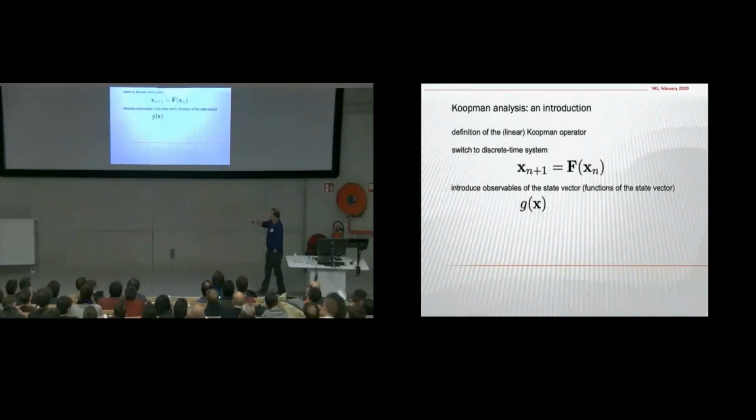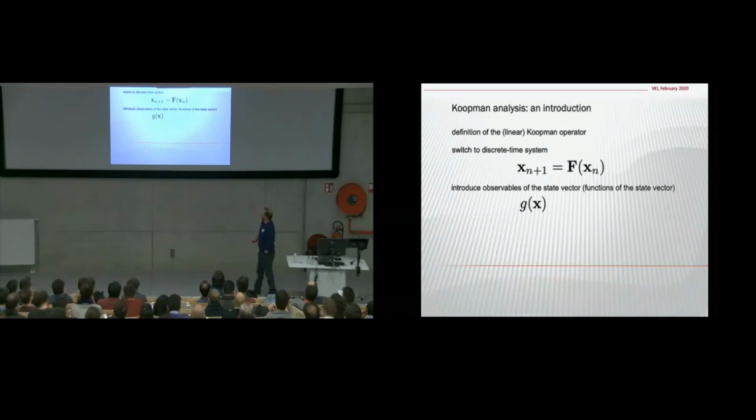So let me also go to the, I'm going to switch between the continuous and the discrete one too. If we have data, of course, we most likely have a time discrete system. So we have x_{n+1} is f of x_n. And then we introduce observables. So that is a function on our vector space, on our state space x, that we're going to observe in time.